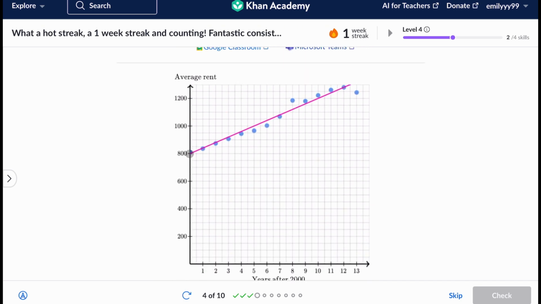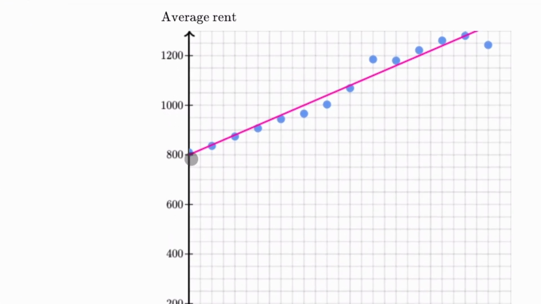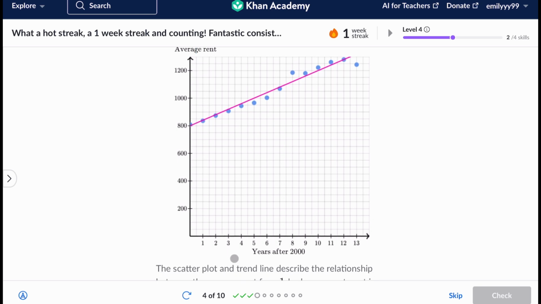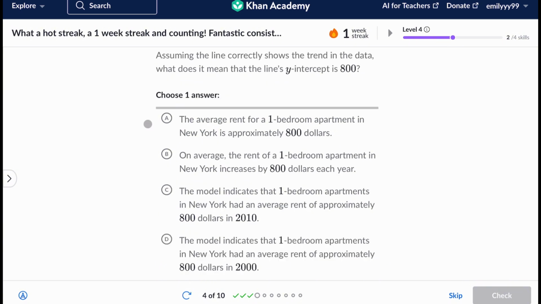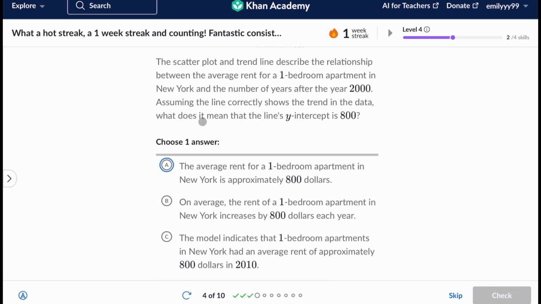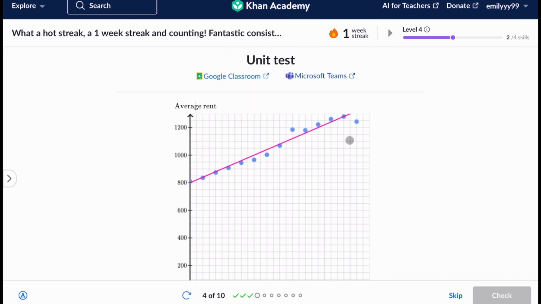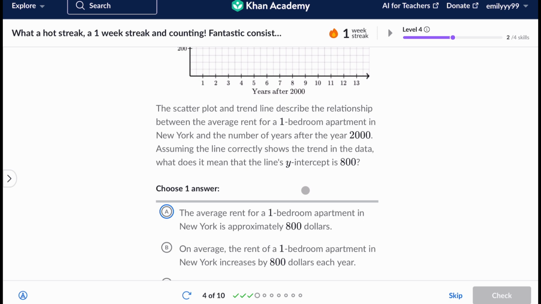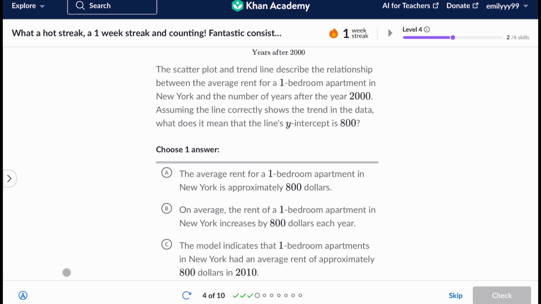So it must be that, right here, this number right here, the average rent started at 800 in the year 2000. So A says the average rent for a 1-bedroom apartment in New York is approximately $800. That is wrong because let's say for 2011, it was at like $1,300, so not every year was $800, so that's wrong.